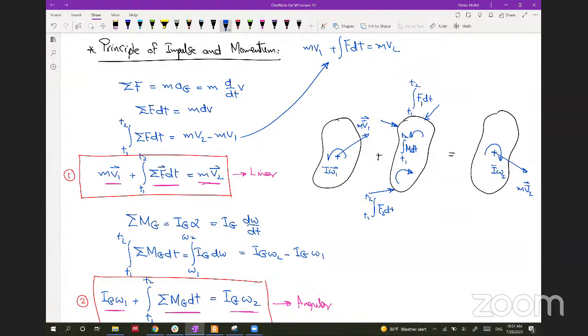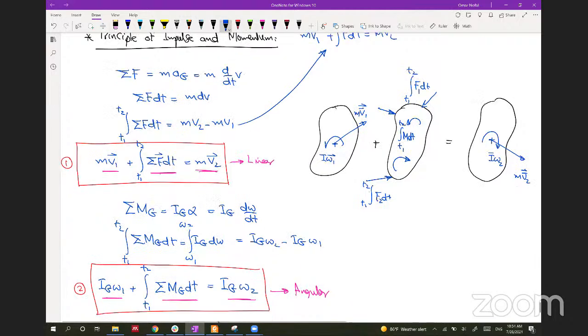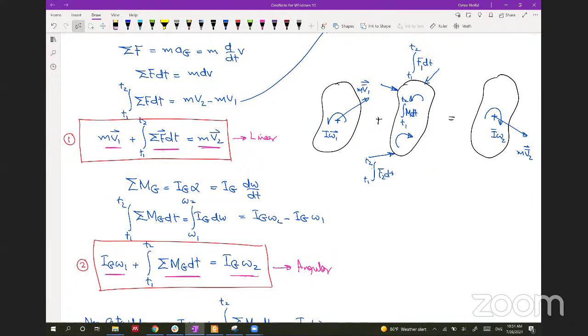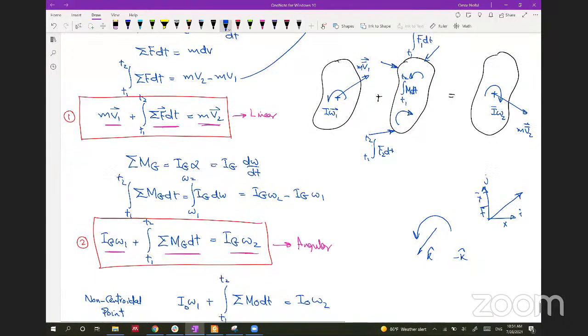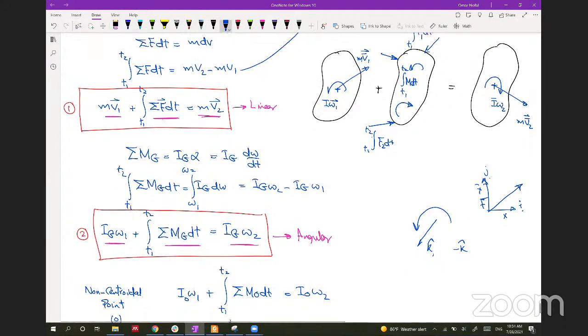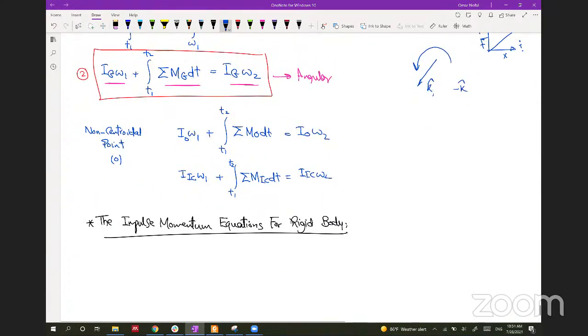A vector equation can be divided into 2 equations, one in the x and one in the y direction. But for the moment equation, it's only one component, because the rotation is only in either the k hat or the negative k hat direction. The force has an x component and a y component, so it has a component in i and a component in j. So we can have 3 components: one in the i direction, one in the j direction, and one in the k direction. Let's write these equations.